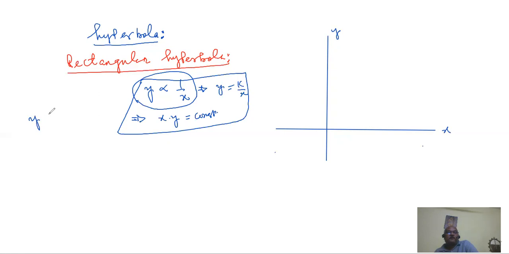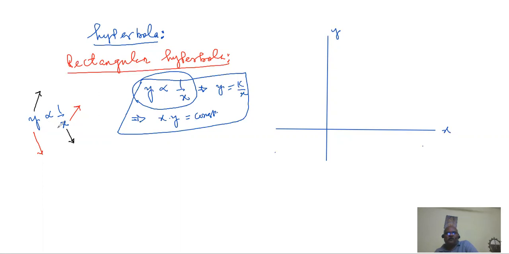If y is proportional to 1 by x, we know when x increases, y must decrease. When y increases, x must decrease, because they are having an inverse relationship with each other.